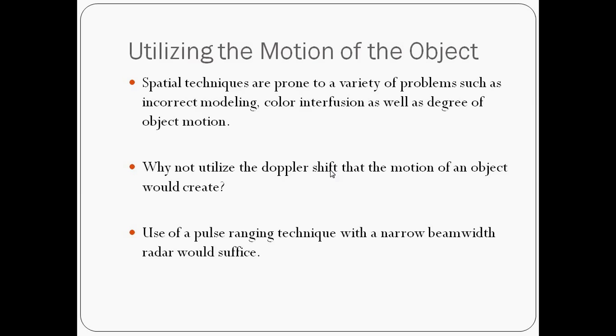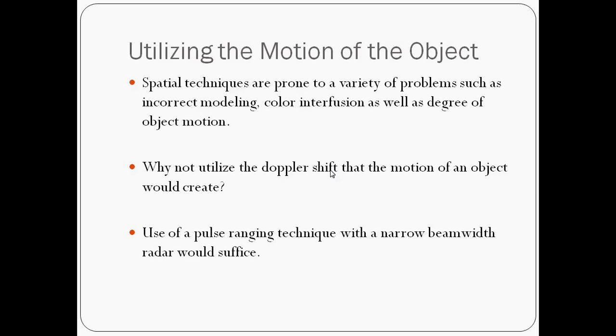Modeling is not an easy task. It might turn out to be wrong, or color interfusion, as well as the degree of the object motion. Object motion is a very big problem for a lot of techniques, because they are rendered incorrect sometimes by sudden motion of objects in either direction, and so that's a big problem.